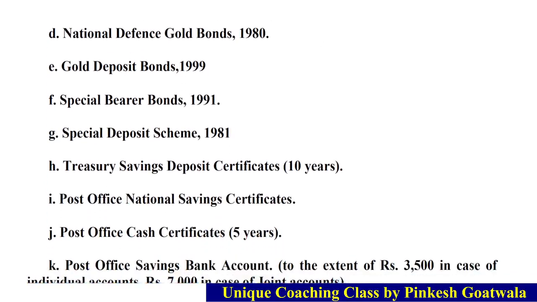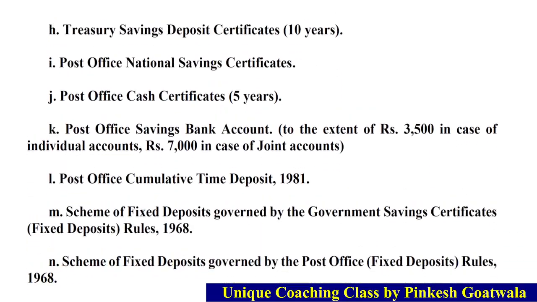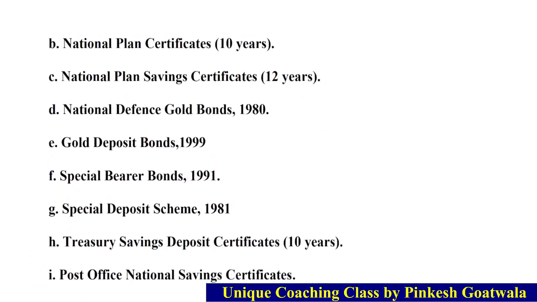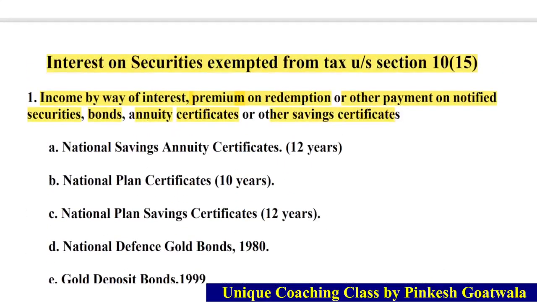You can see A, B, C, D, E up to N. These all are securities, in the form of certificates, deposits, bonds, issued by central or state government, which are fully tax free. તો આ જે પણ સિક્યોરિટી છે એ સર્ટિફિકેટના ફોર્મમાં છે, બોન્ડ્સના ફોર્મમાં છે, ડિપોઝિટના ફોર્મમાં છે, કોઈ સ્કીમના ફોર્મમાં છે, એ ટોટલી ટેક્સ ફ્રી છે, which is issued by central government or in some cases state government.